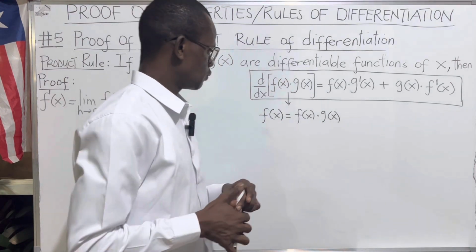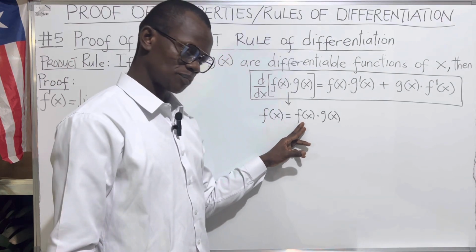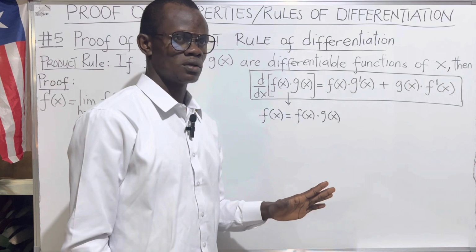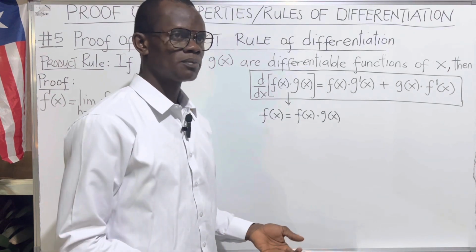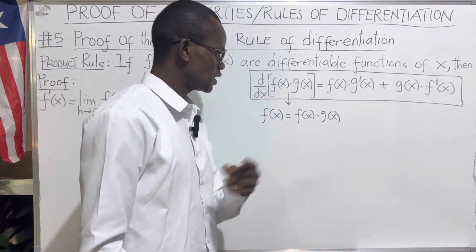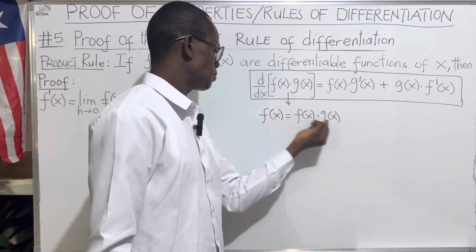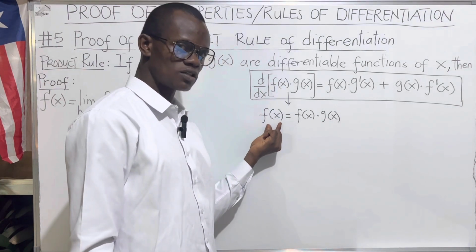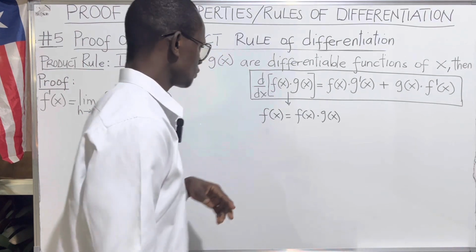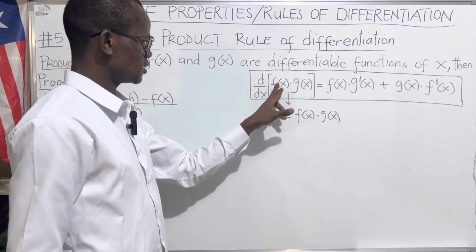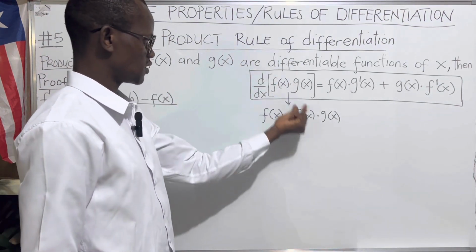No. We are only using f, but these two functions are two distinct functions. In some cases, they can be the same, but understand that these are two distinct functions, and the combination of them is equal to this function called f of x. So we have f of x is equal to f of x times g of x. This is the first one.